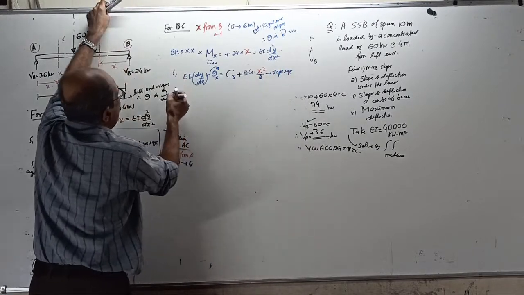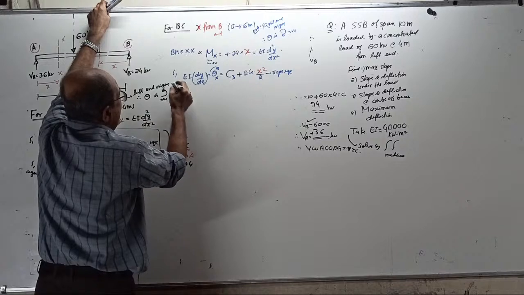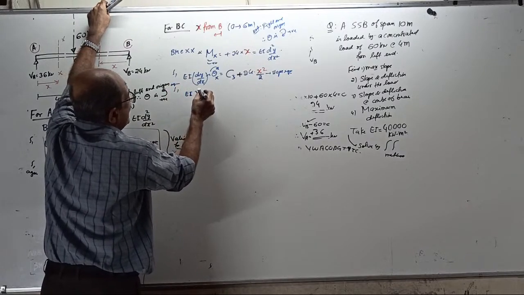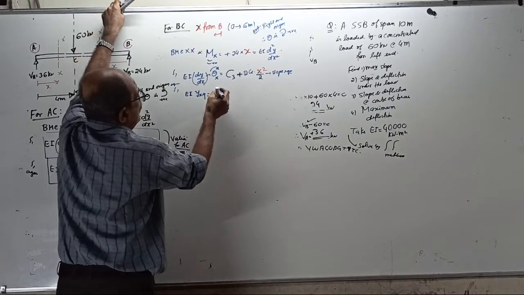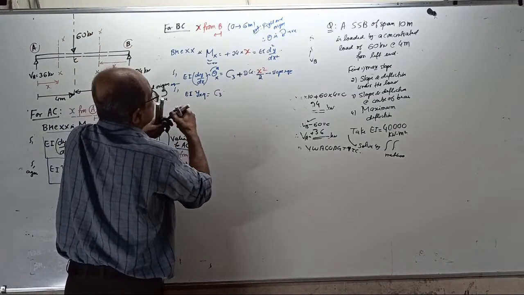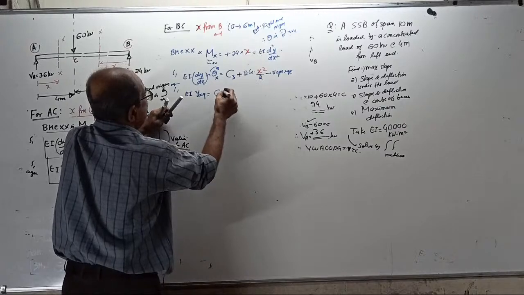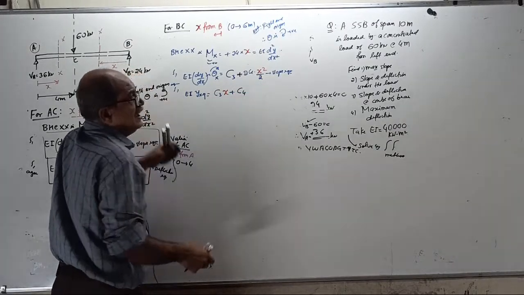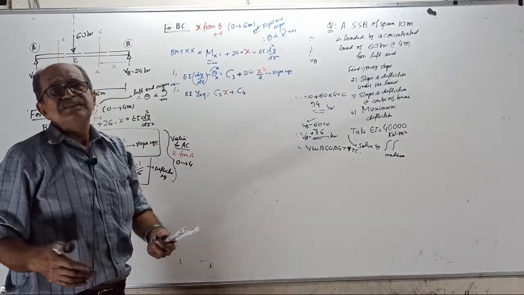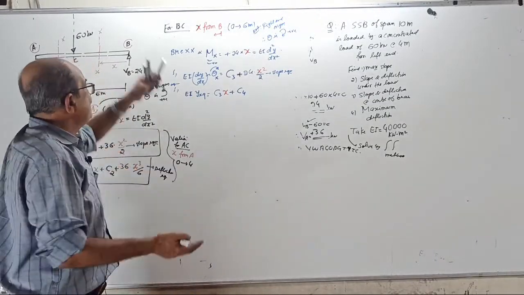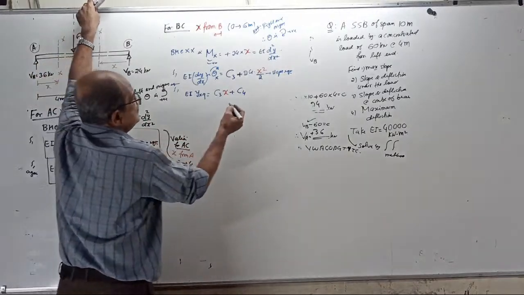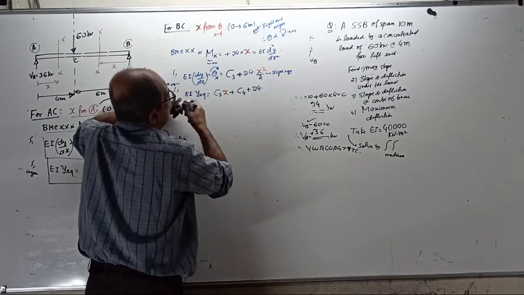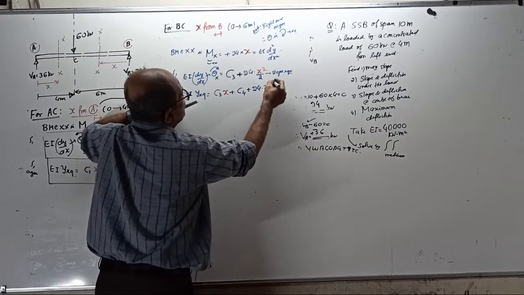And once again integrate. You get EI y at x upward positive equal to C3 into x plus one more constant C4. Why? When the equation changes, again C1, C2, but this is not that C1, C2. C4 plus 24 into x cube by 6.